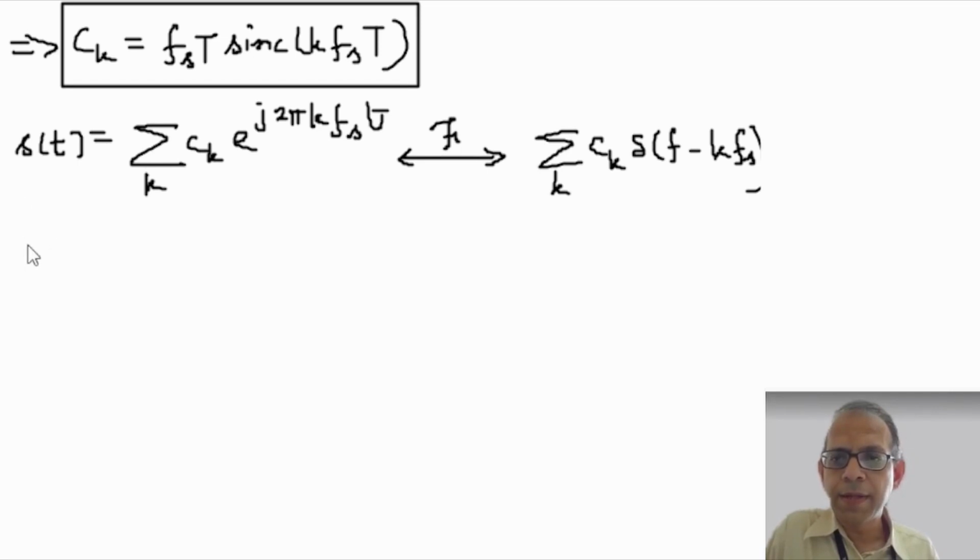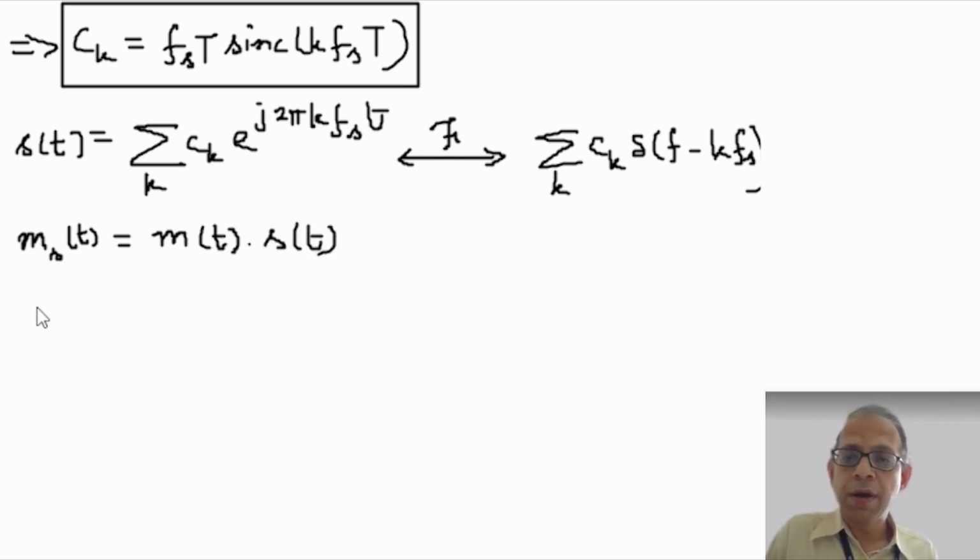Now we can obtain the spectrum of the naturally sampled signal Ms(t). So Ms(t) is equal to m(t) multiplied by s(t), the periodic pulse train. We know that multiplication in time is convolution in frequency.